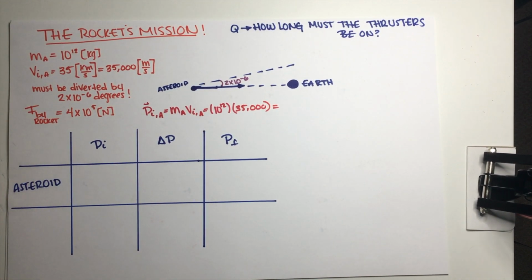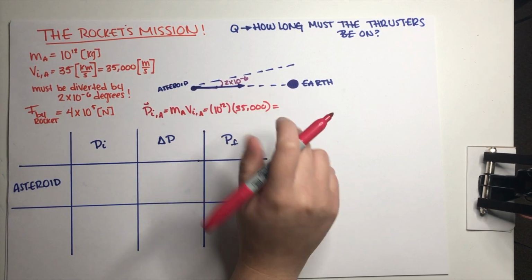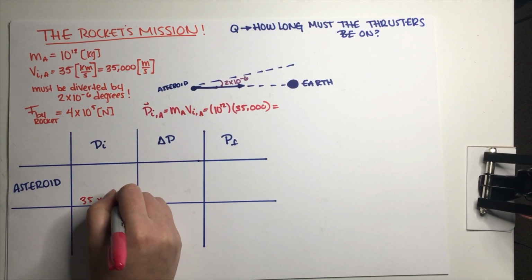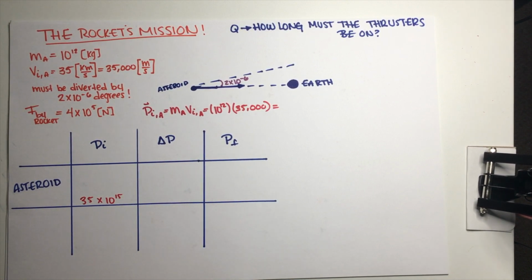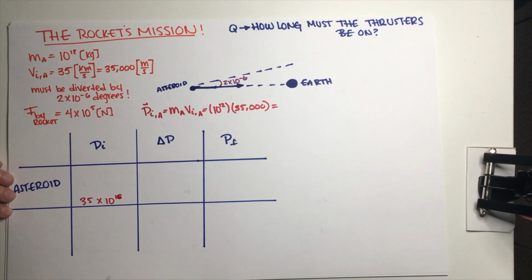So this number is just going to be 35 times 10 to the 16. Oh no, it's 10 to the 12, so that would be 16. Sorry about that.